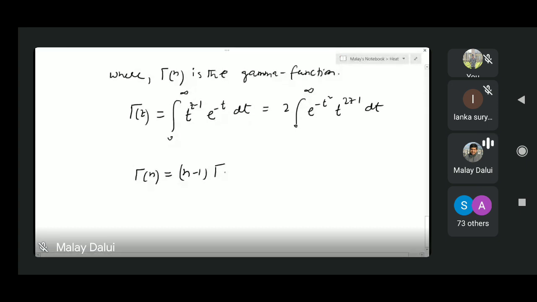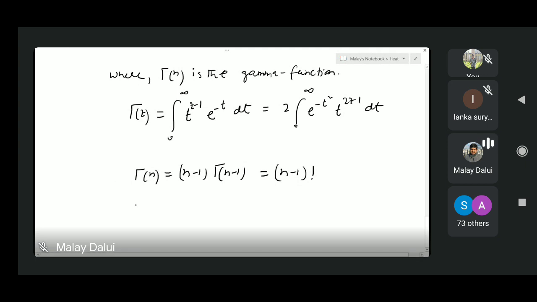Once you find gamma n, you can write gamma n minus 1. This is how you can go all the way. Then gamma n minus 1 will be n minus 2 times gamma n minus 2, and finally what you will get is n minus 1 factorial. So gamma n equals n minus 1 factorial. This one you have to use.